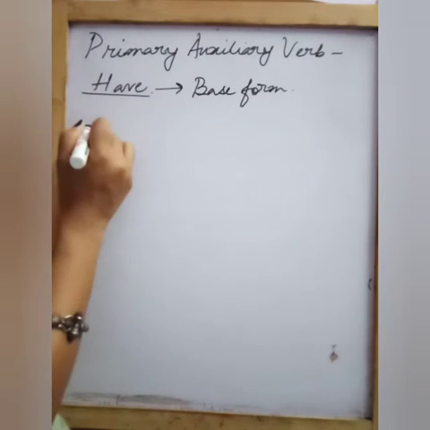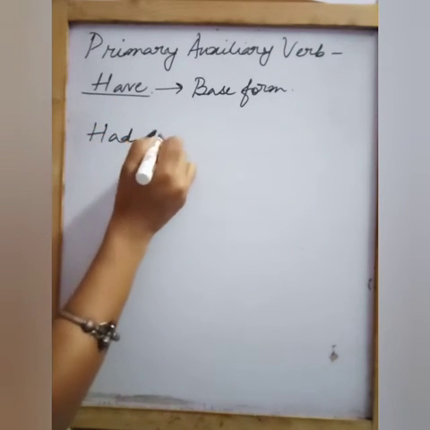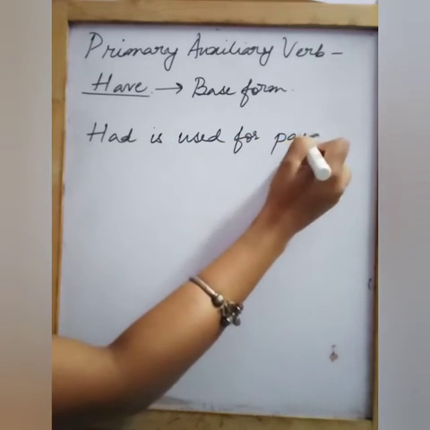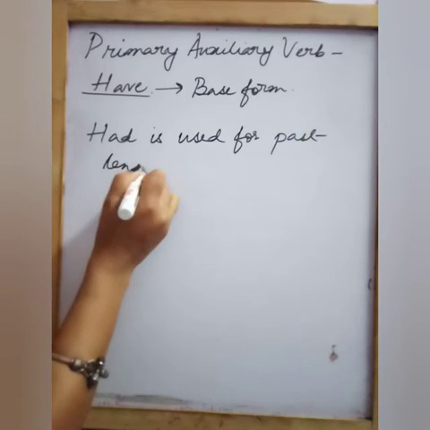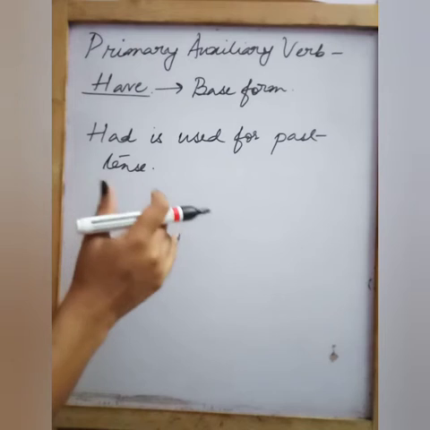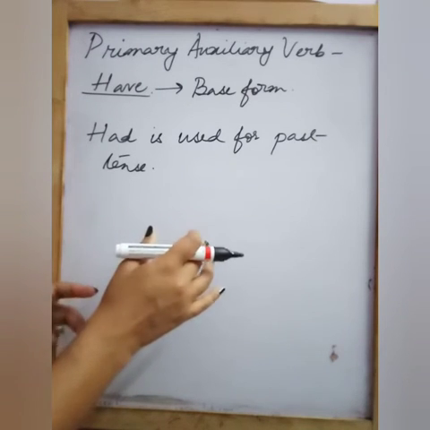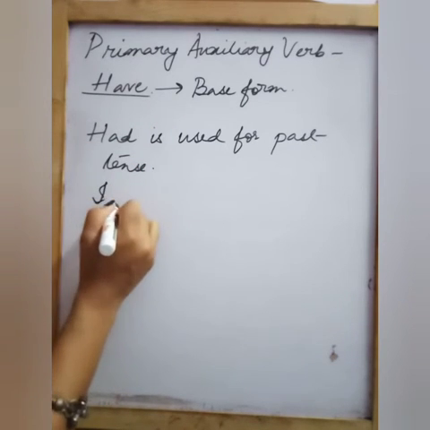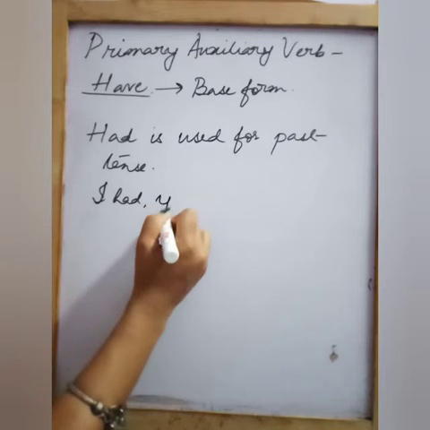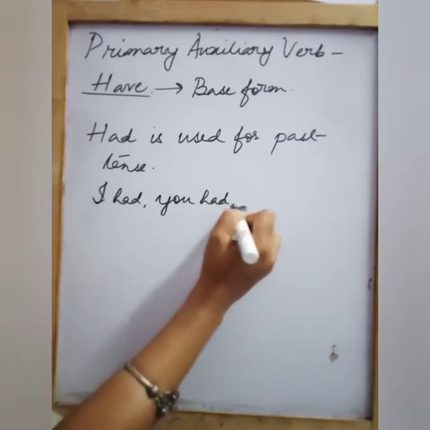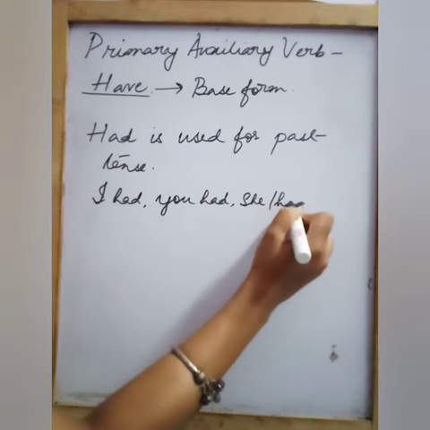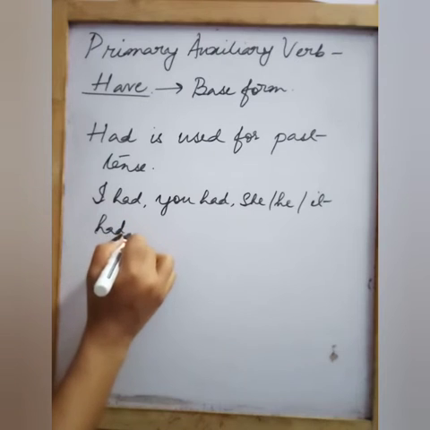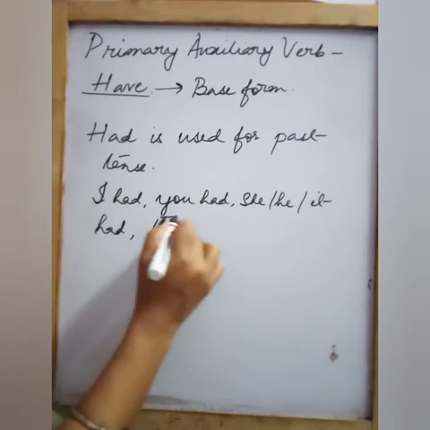And one more thing, remember, had is used for what? It is used for past tense. This is very, very simple. Now see, let's try with some examples. Can we use it with the first person, second person, third person, singular, plural? We can write I had, you had, she, he or it had, they had.